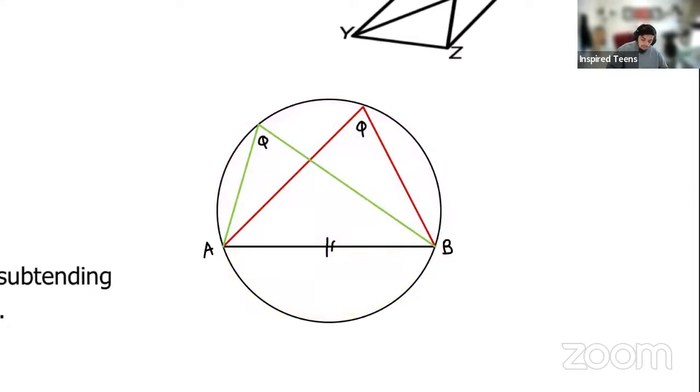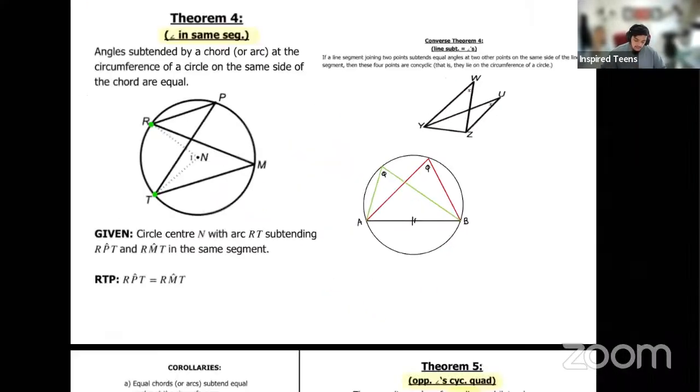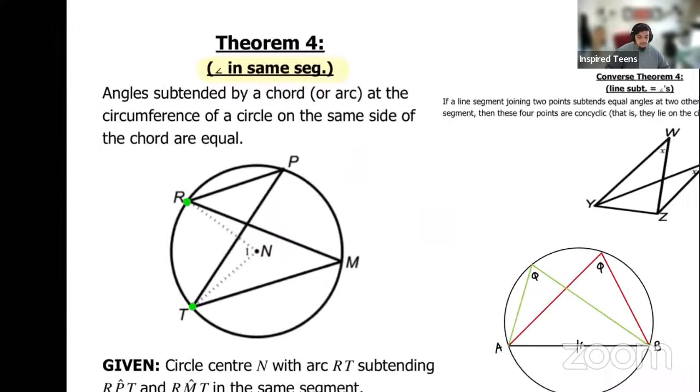Because if we had to draw the green angle at the bottom, this is not equal to theta. They're not equal because, yes, angles drawn from the same chord are equal, but they have to be in the same segment. So that's why the reasoning we have is angles in the same segment.